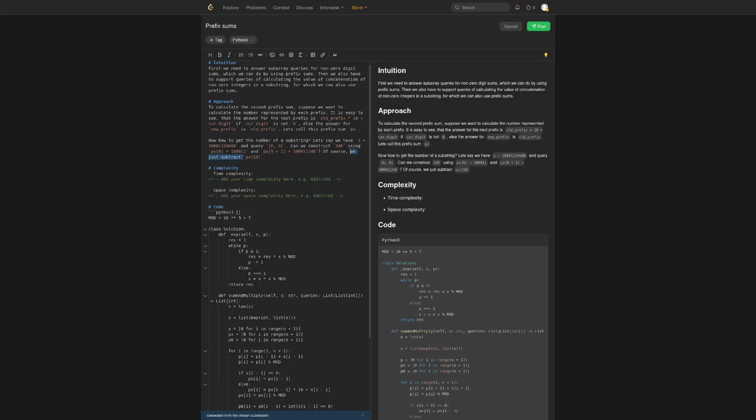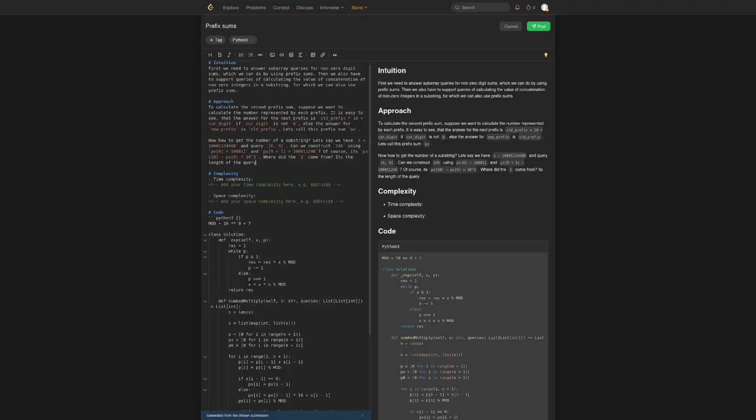Of course it's px10 minus px6 times 10 to 3. Where did the 3 come from? It's the length of the query. 6, 7, 8, no. Length of the query is 4.